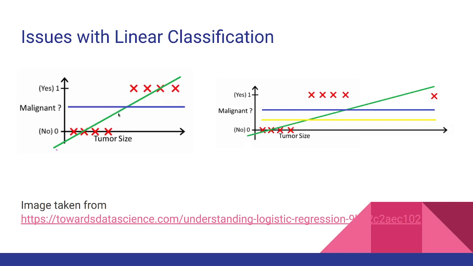If we look at this point and go above, it is below the blue line. So that means it is not malignant. We can say that this is not a dangerous tumor.